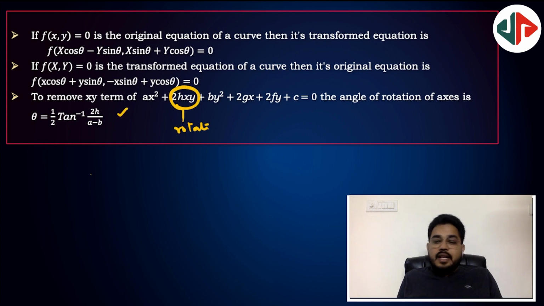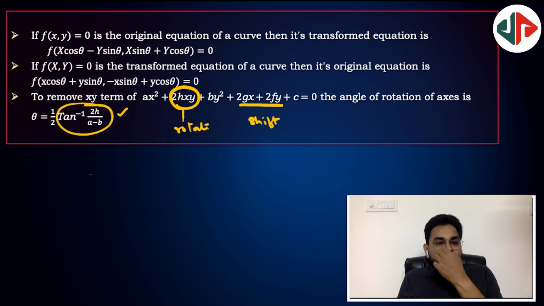Okay. And when you want to eliminate this one, you need to shift the origin. And how much rotation? Half tan inverse of 2h by a minus b. To eliminate this term, you have the formula.